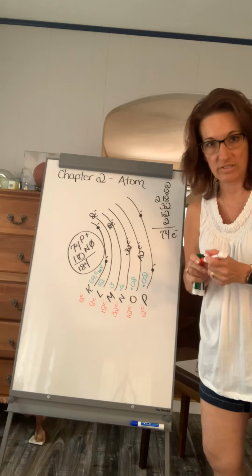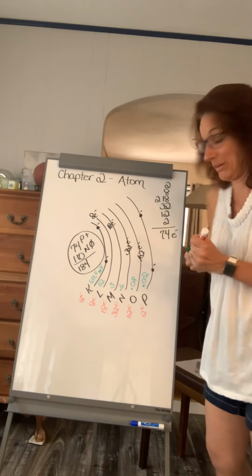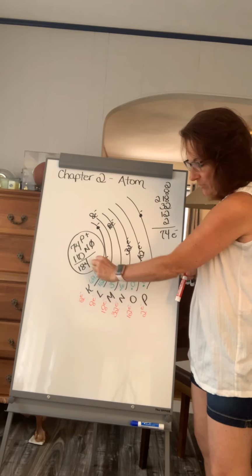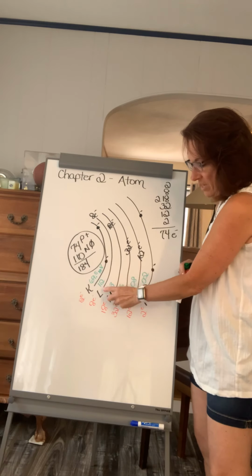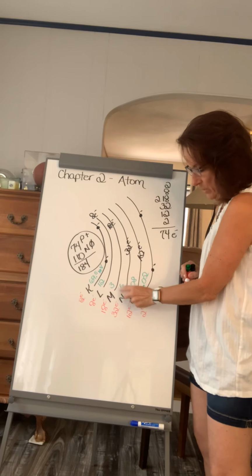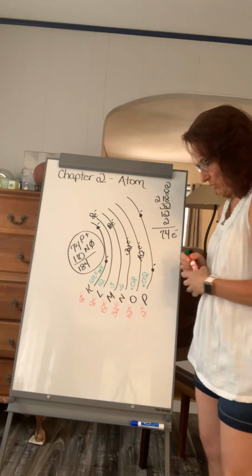Always and forever, it doesn't change. I didn't make it up, that's just how it is. And then the binding energy: 69.5 keV between the K shell and the nucleus, 12 keV between L and the nucleus, 3, 0.6, 0.08, 0.02.